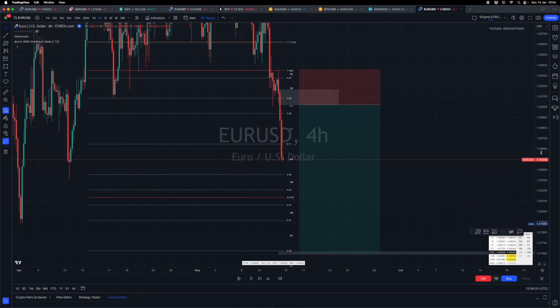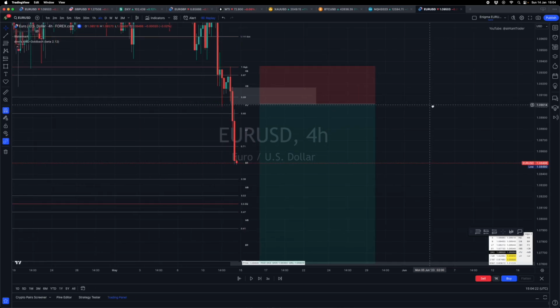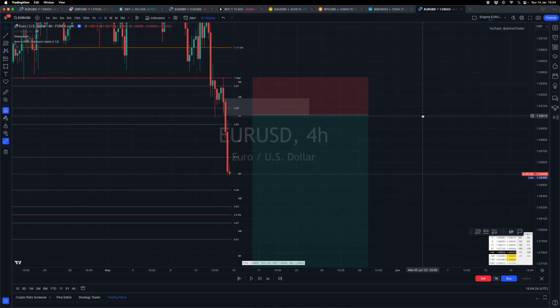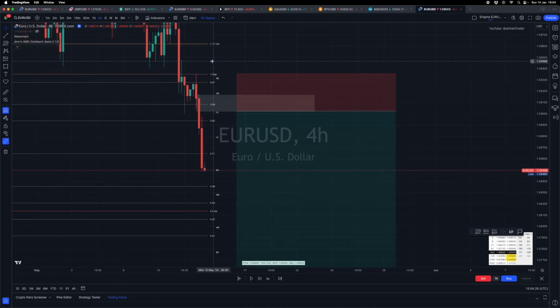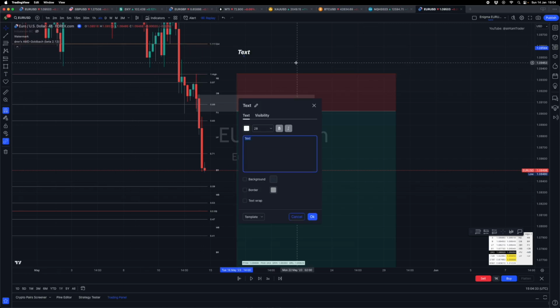Okay, so what do we have here? For my old school followers, and for those in Hoppy's group who have the book, what is algorithm 2? Algorithm 2 is, we start at the rejection block, we fall to the breaker, we retrace to the fair value gap, and then we TP at the opposing order block.